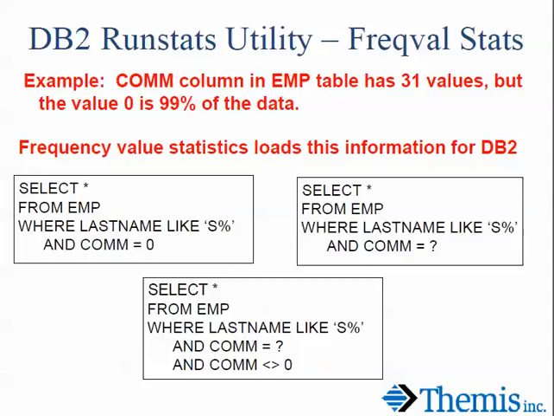If I come along with the second box at the top, which says, and commission equals question mark as a parameter marker, DB2 is going to go, I don't know. I have no idea what value you're going after as I'm binding this program, but I know you're only going after one value, and I know there are 31 values in the table. So I'm going to automatically assume some even distribution.